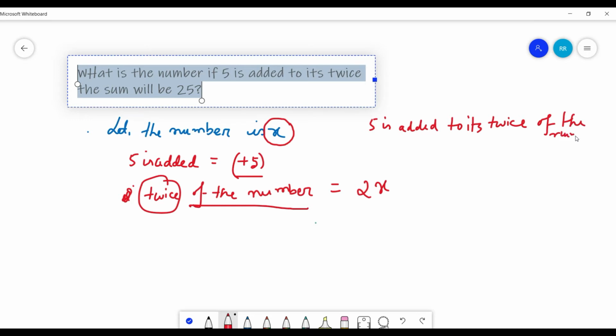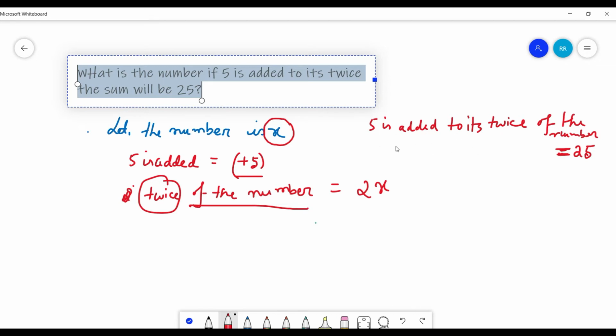So now we'll replace all of this. Then the sum will be 25, and for "will be" we'll have to put an equal sign here at the right side. You just see I am putting an equal sign. For will be, was, were, you have to put an equal sign.